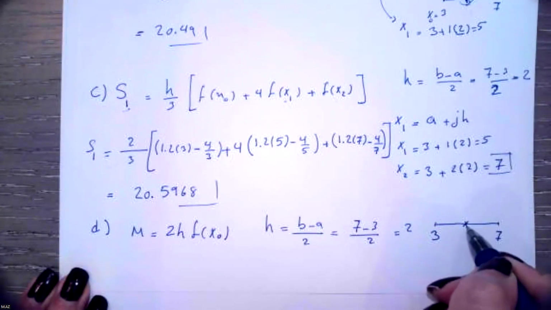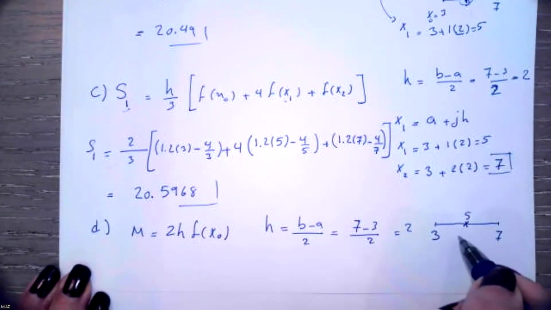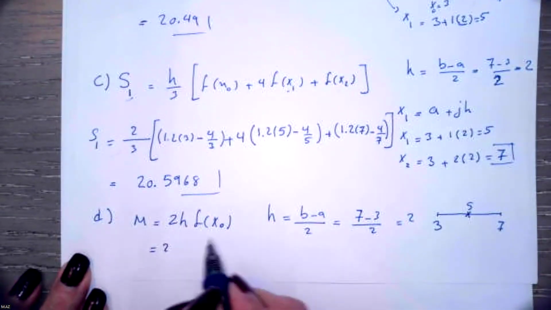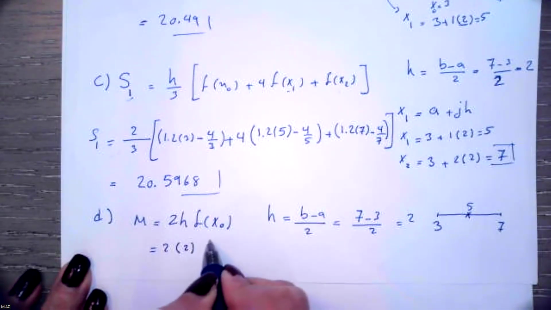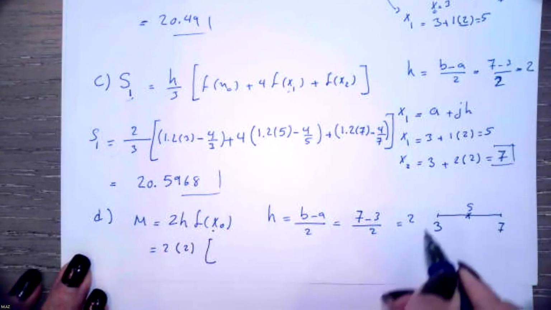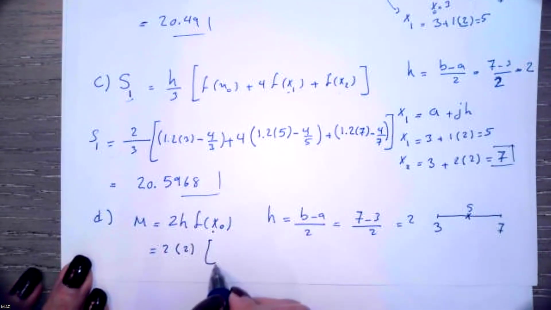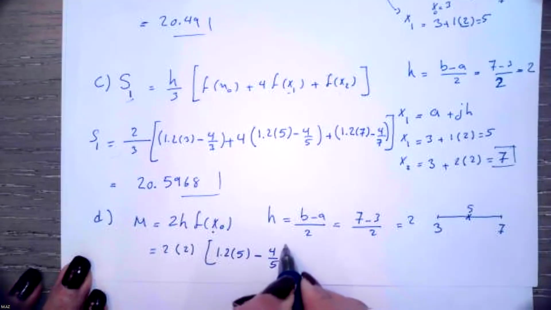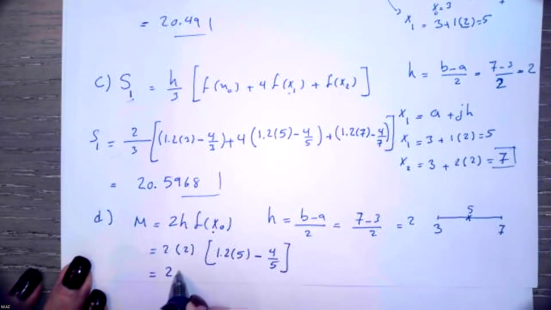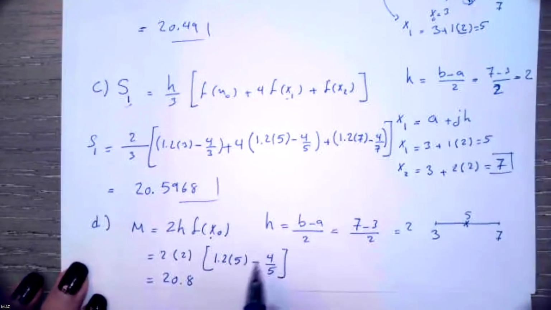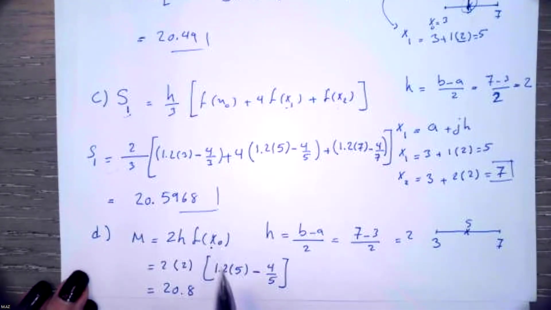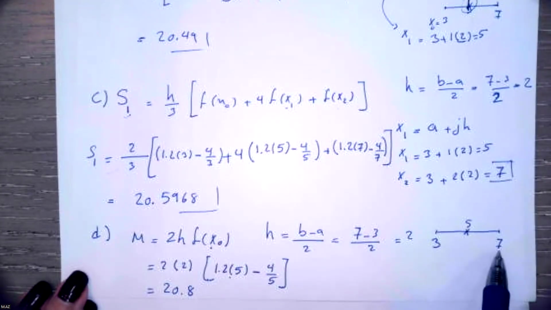We can say the midpoint for this interval is 5. 2 times 2 times the value of the function at point 5 is 20.8. As you can see, the midpoint method is an open rule, because we do not evaluate this function at points 3 and 7.